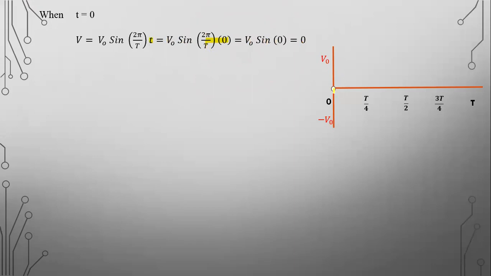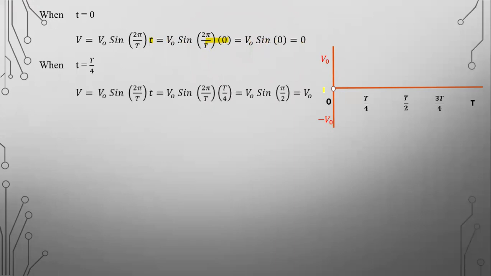That means you can display it from this point. And when t is equal to T by 4, that is 1/4 of the time period, then V is equal to V naught sine 2 pi over T, and now this small t is replaced with capital T by 4.